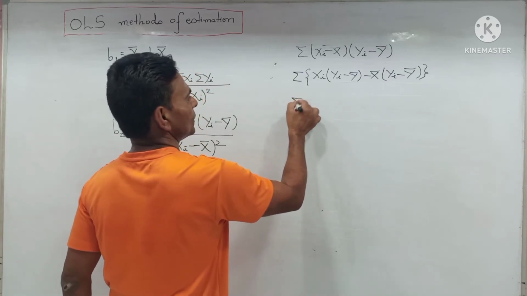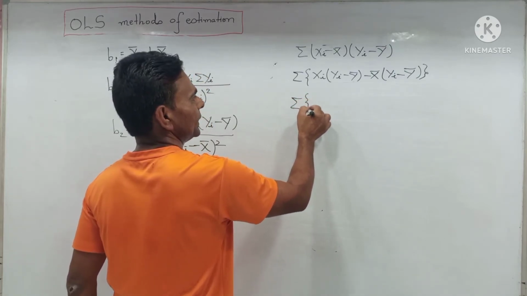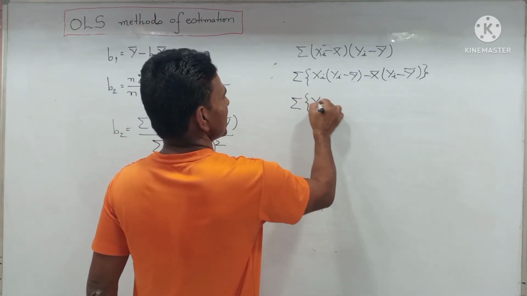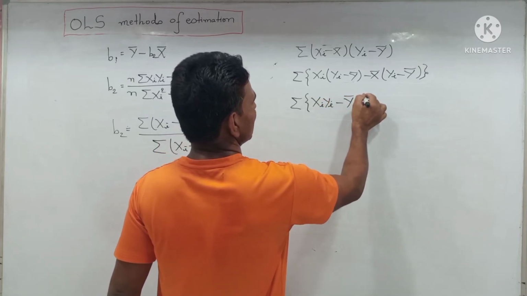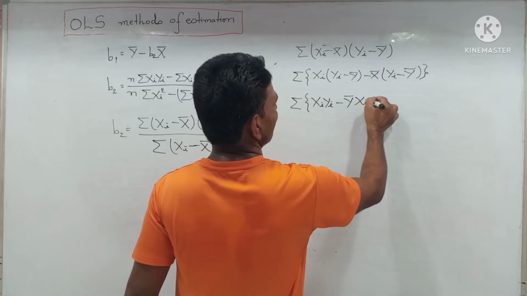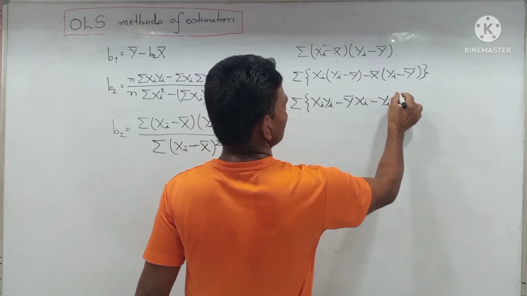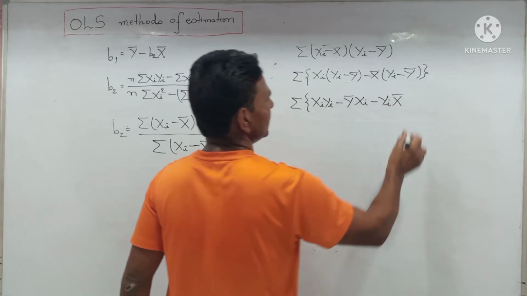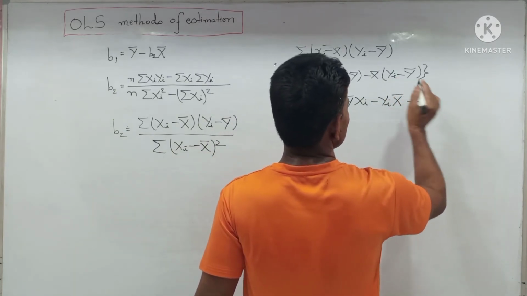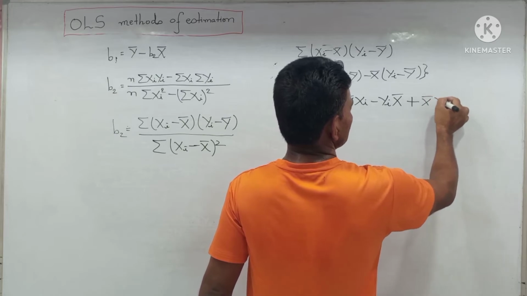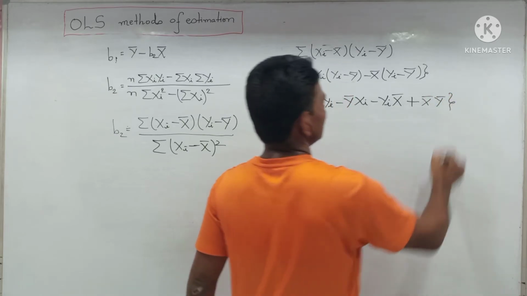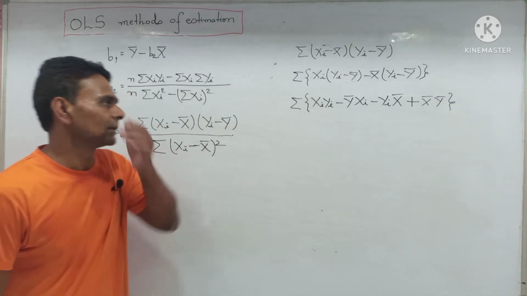Now, here xi yi minus mean xi minus yi mean y, minus into minus plus mean x mean y. It is read as x bar y bar.